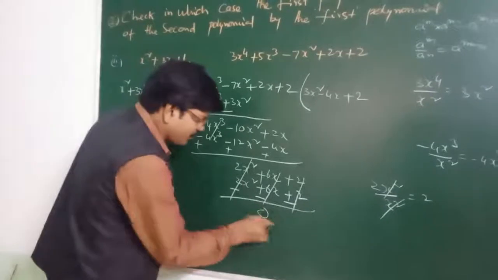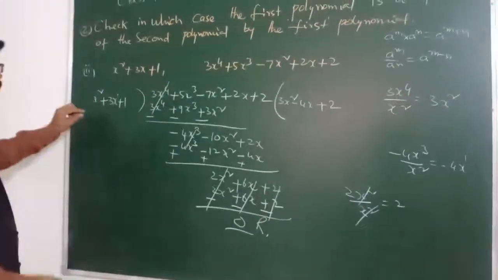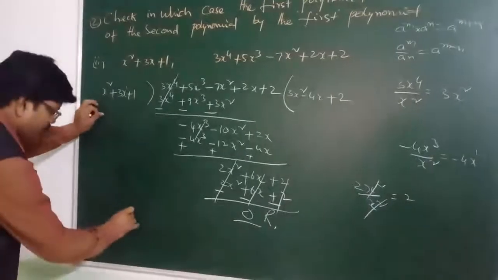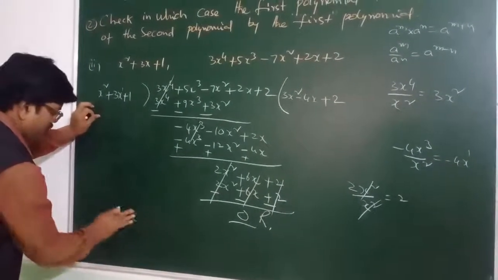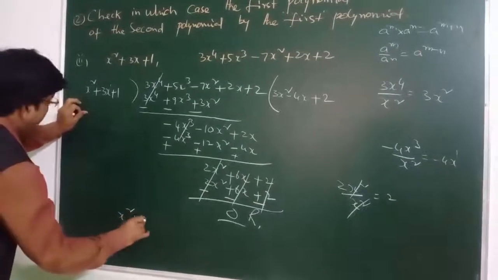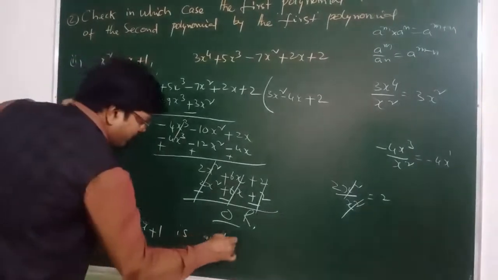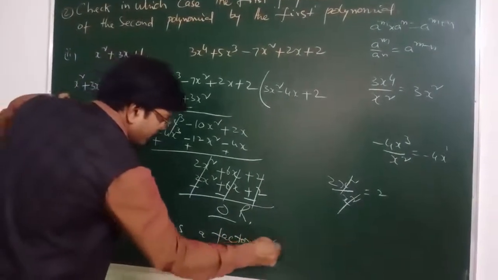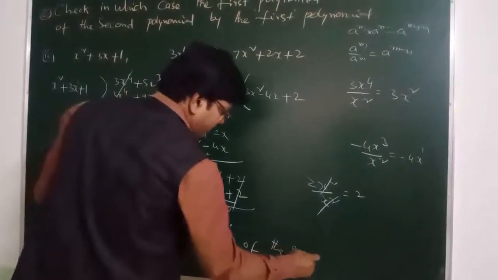So remainder 0. If the remainder is 0, x square plus 3x plus 1 is a factor of the given polynomial.